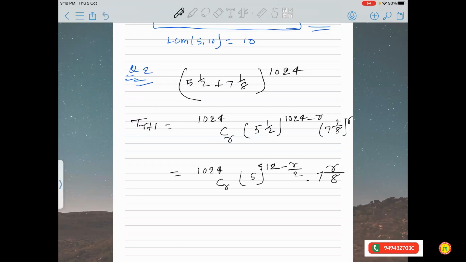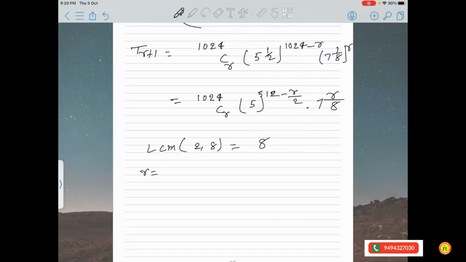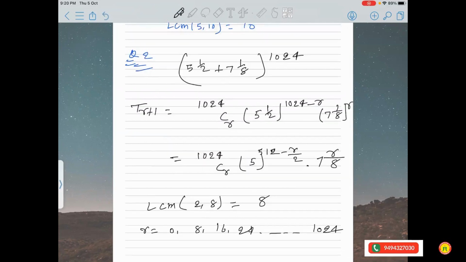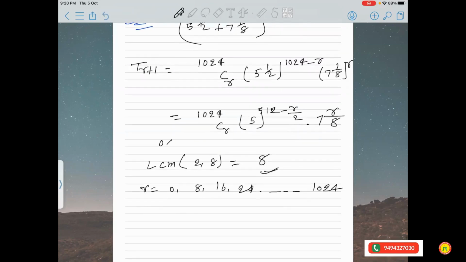So now the answer will be given by the LCM of 2 and 8. The LCM of 2 and 8 becomes 8, right? So r is equal to 0, 8, 16, 24, up to 1024. So always write the LCM, 8, right? r always belongs to 0 up to n.